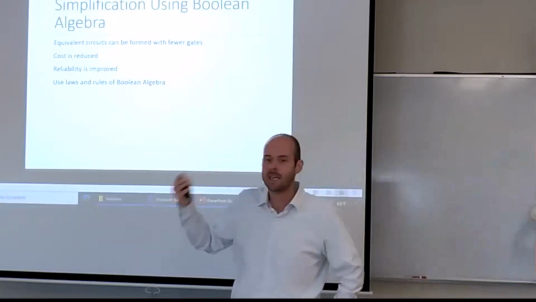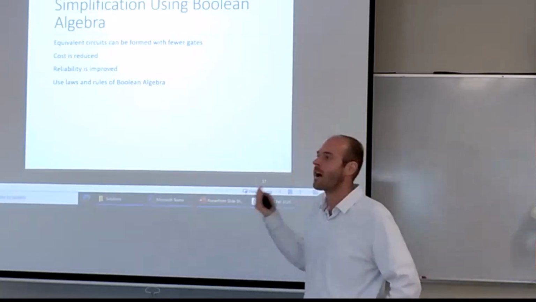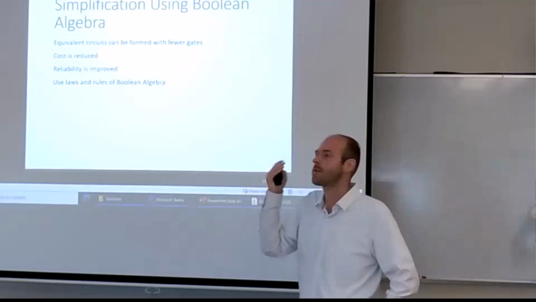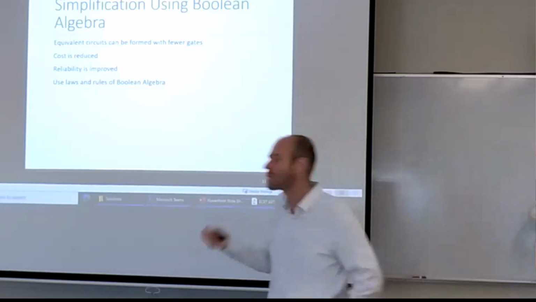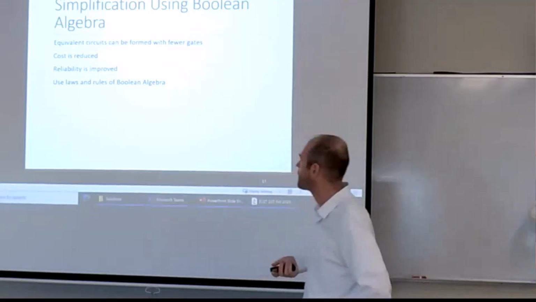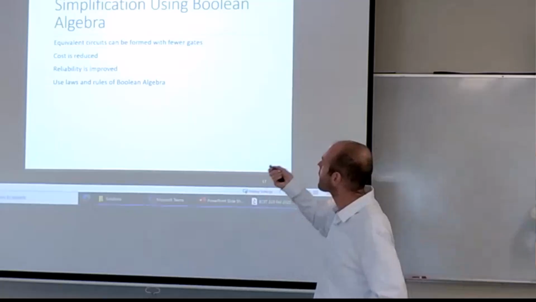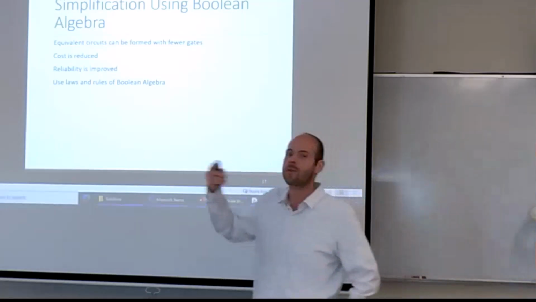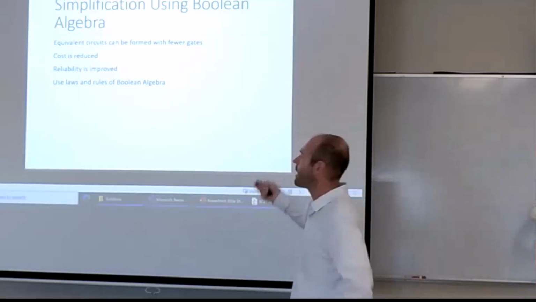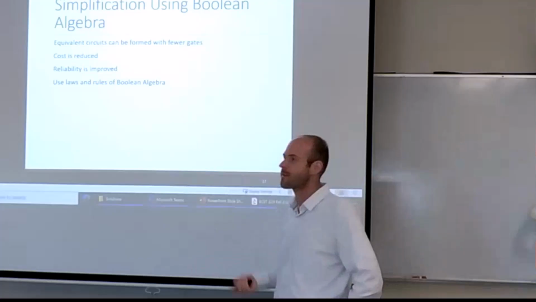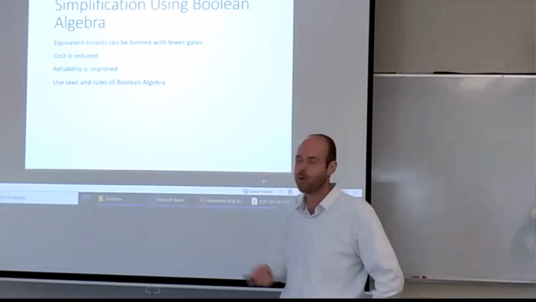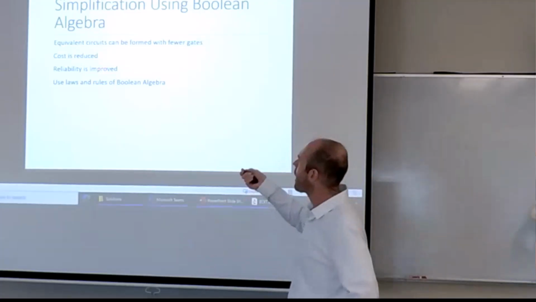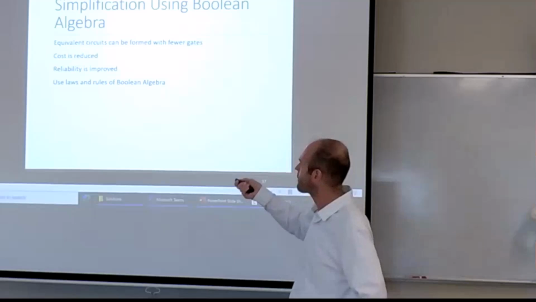Simplification is not just an exercise in algebra, which I know you would be enthusiastic to do, even if that was the only reason to do it. But equivalent circuits can be formed with fewer logic gates. Depending if you're the one building the circuit, that may have increased importance to you. Cost is reduced by reducing the number of gates.